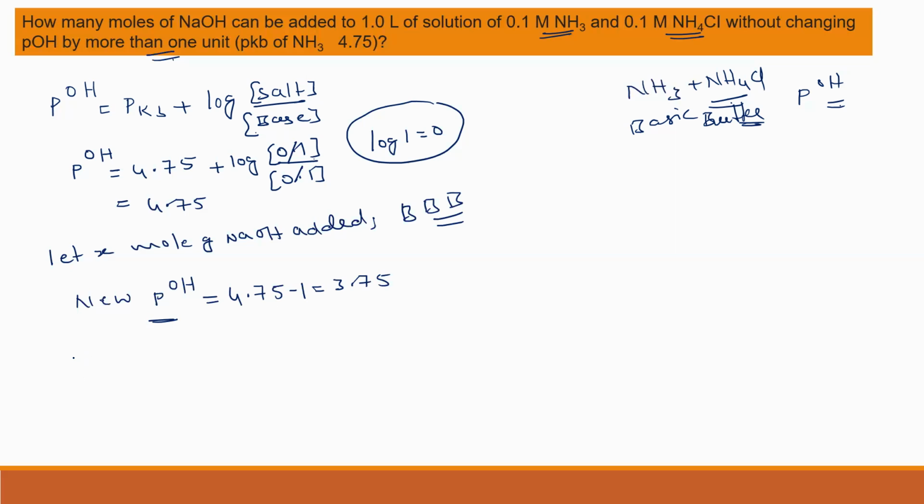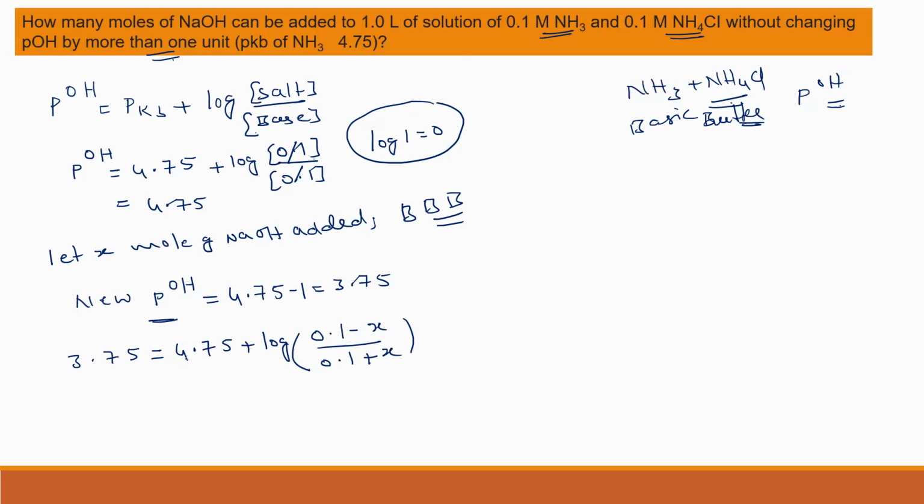So 3.75 is equal to pKb, 4.75, plus log of concentration of salt by concentration of base. The concentration of salt decreases by x and the concentration of base increases by x.